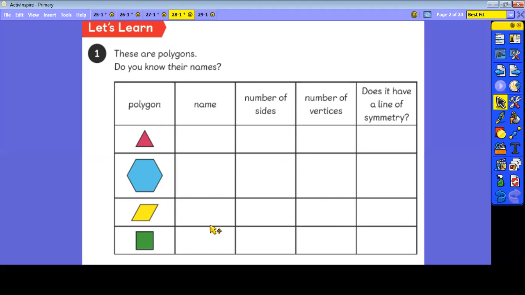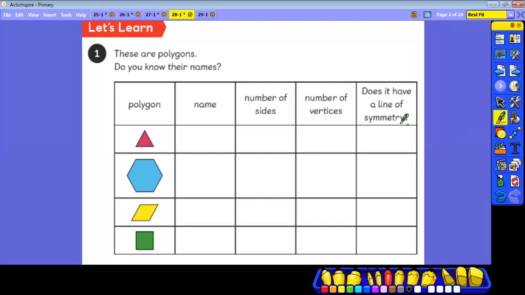The first polygon here, the pink one, we all know, don't we, children? I can hear you calling out at the screen, is a triangle. Let's see if I can write with my pen using my mouse. I'm sure your work would be neater.